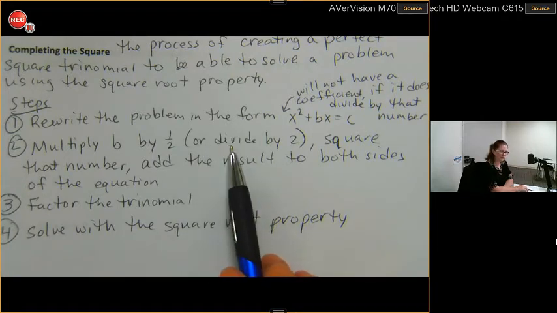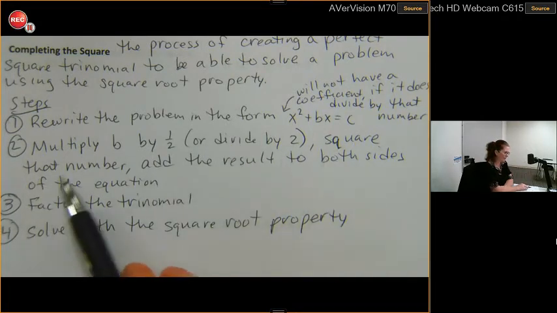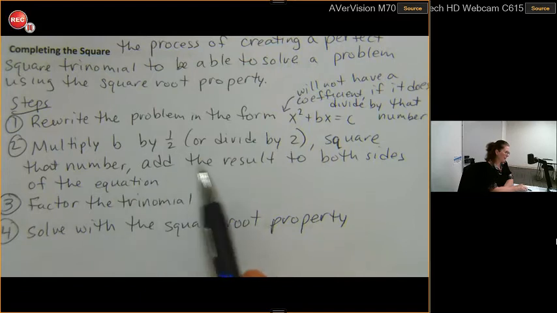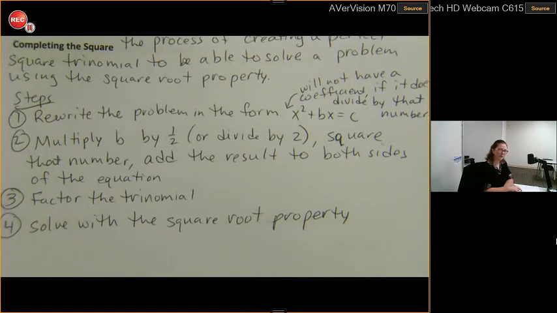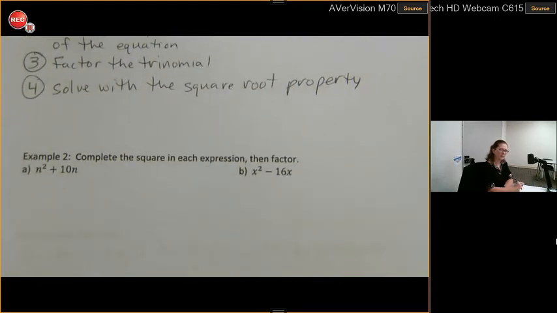Whatever that result is, square it, and then add that number to both sides of the equation. Then you will get a trinomial you can factor that can then be solved with the square root property. So let's do a couple of problems just by completing the square and then factoring.